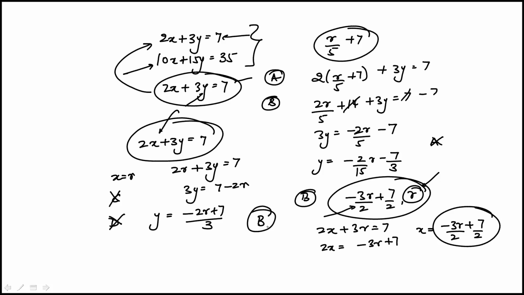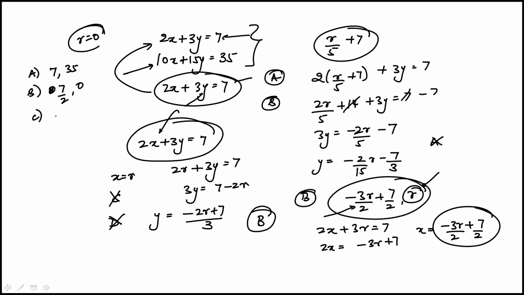Another way to do this would be to pick a value for r. You can take r to be 0 and then rewrite answer choices A, B. Let's see if this works. So 7, 35, B is 7 over 2, 0.